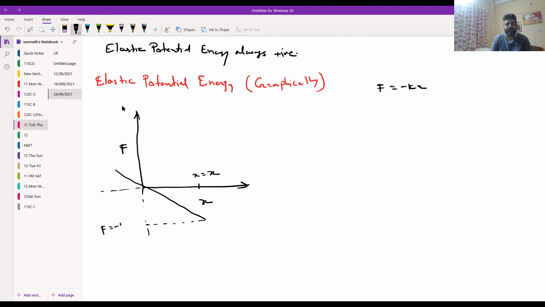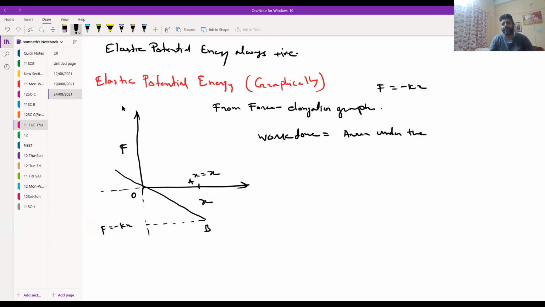F equals minus kx. So OAB, force displacement graph, so force versus elongation. Elongation is also a kind of displacement. In the force elongation graph, work done equals area under the graph. Area under the graph means area of the triangle.